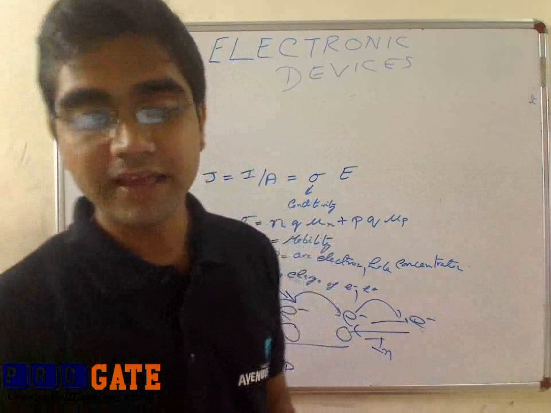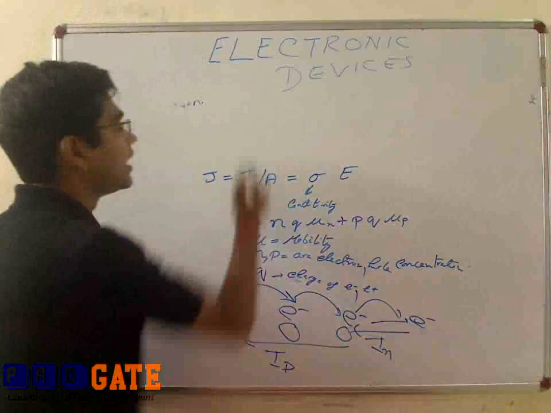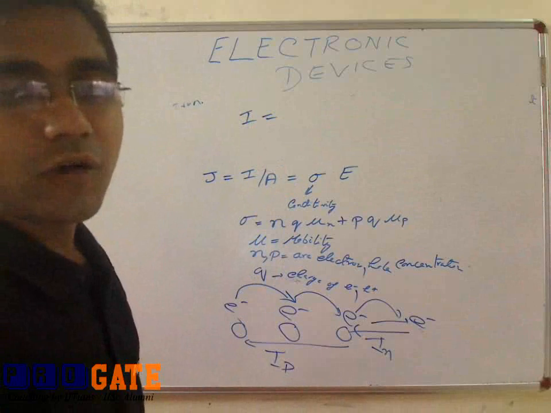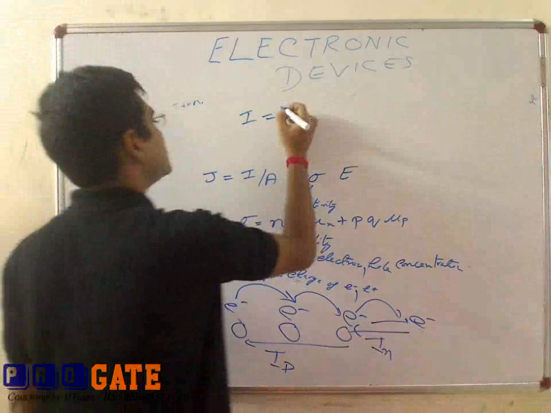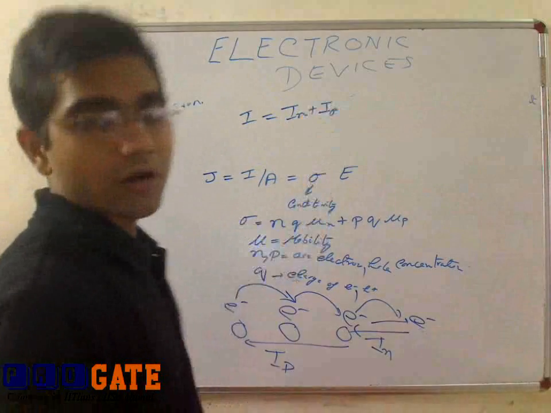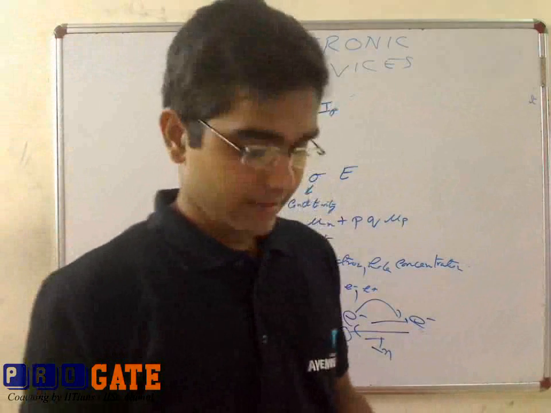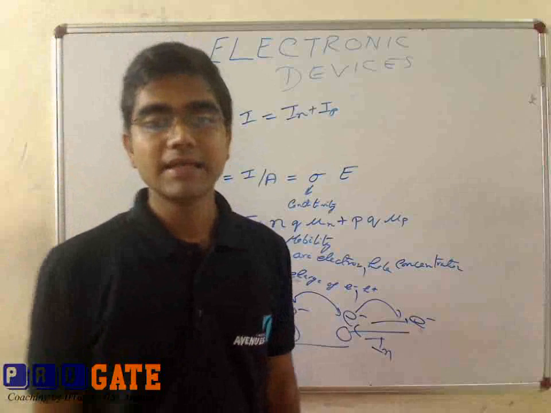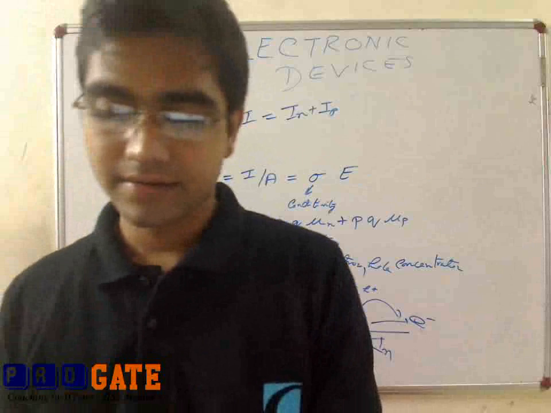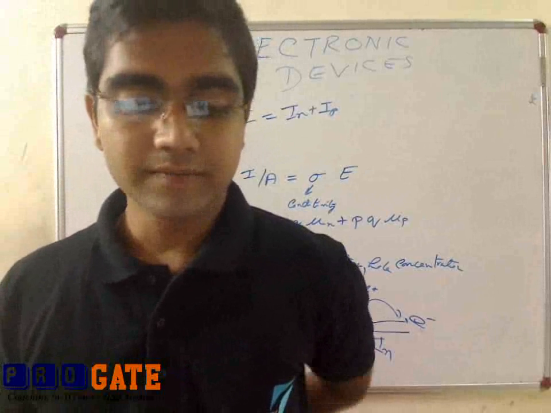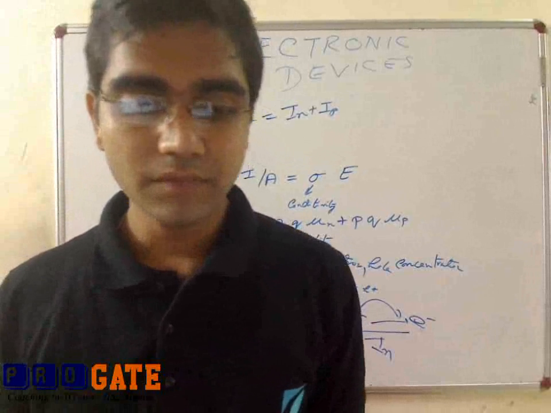Hence, we can say that the total current I is equal to IN plus IP. The total current I is a summation of the hole current as well as the electron current.